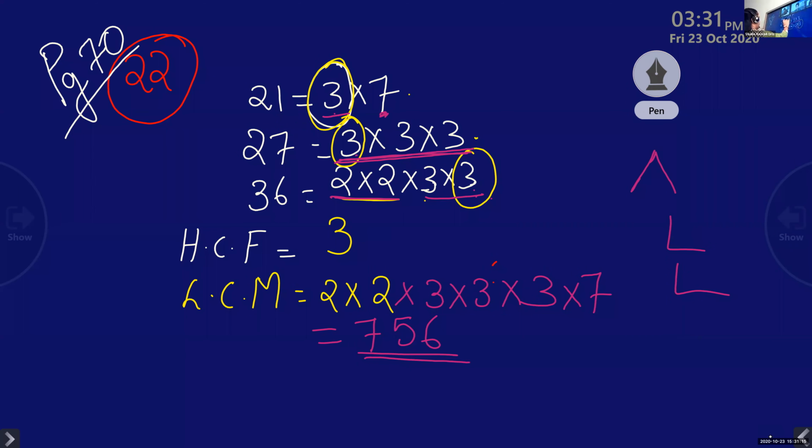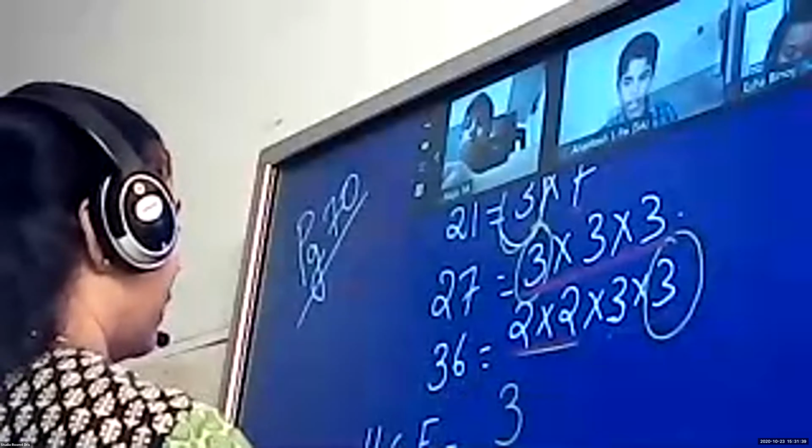Here 3 is repeated only 1 time, so that is the highest common factor. But LCM means least common multiple. So if any number is repeated the maximum times, you have to take it. Here 3 is repeated 3 times, so you can take that, and 2 is repeated 2 times, and one more 7 is there. Multiply and find out the answer.